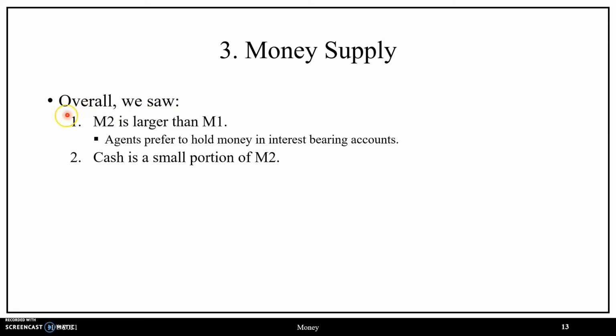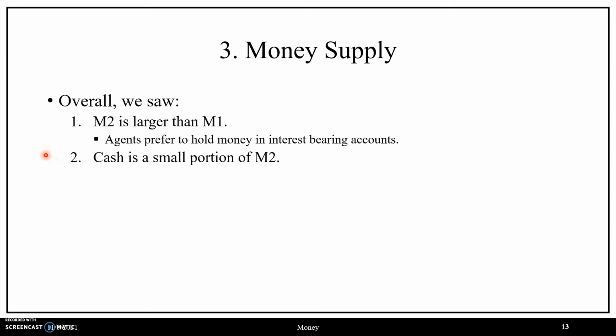So our takeaways in terms of the money supply are that M2 is larger than M1, which we can attribute to agents wanting to hold money in interest-bearing accounts rather than having it be strictly idle, and that cash overall is a small portion of M2.